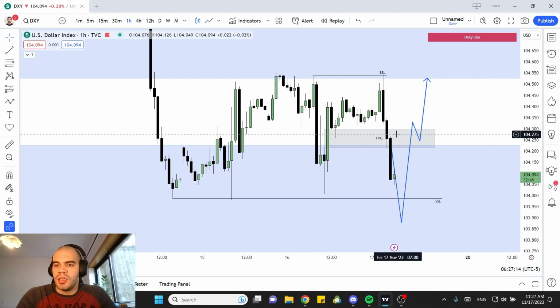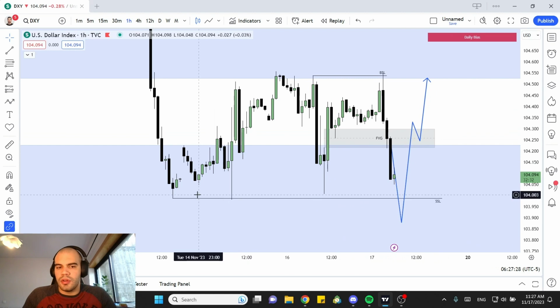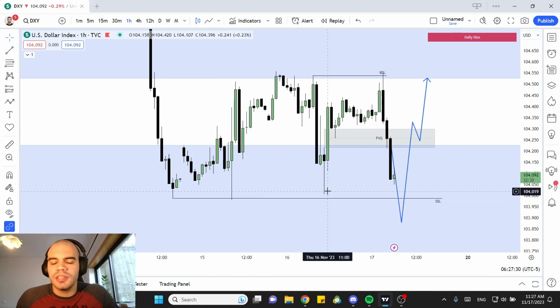I would like to see this high being swept, so we would build an upwards movement, maybe targeting this high. This would mean that those three highs could be swept, and then we will start to see a displacement on the lower time frames, bearish PD arrays being disrespected and bullish PD arrays being respected.